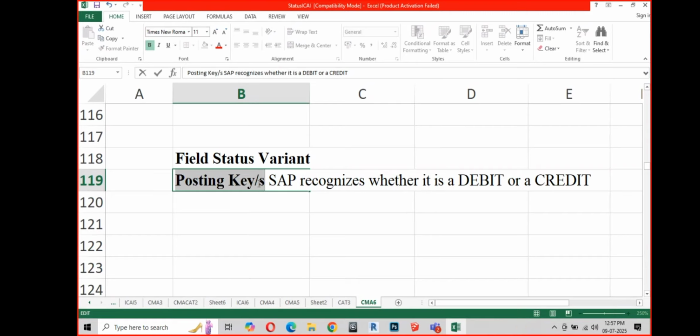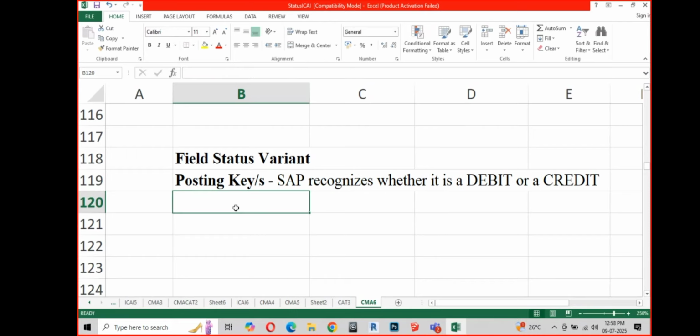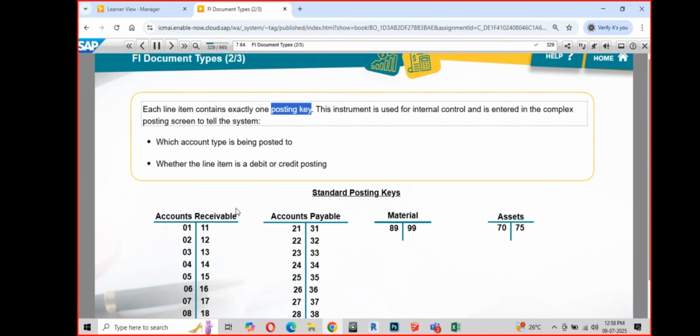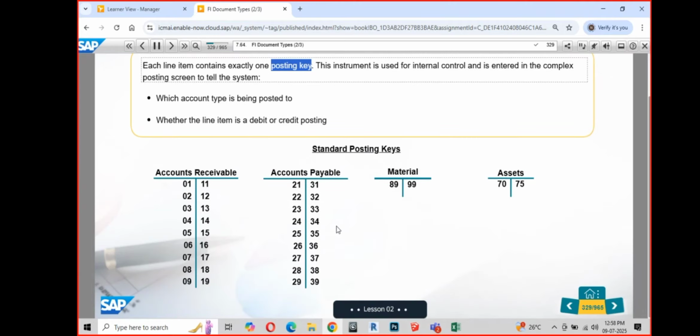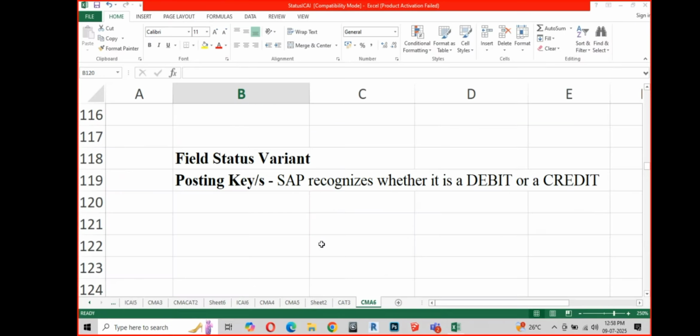Under no other circumstances can SAP understand whether you are debiting or crediting. Now, what are these different numbers you see? One more important point: whenever you are saving a simple journal voucher, let us say you are trying to enter this expense account debit to cash.